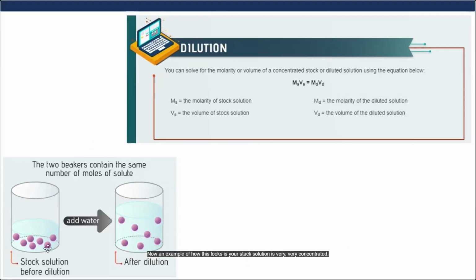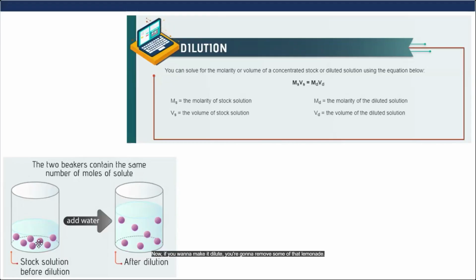Now, an example of how this looks is your stock solution is very, very concentrated, which means it has a lot of moles, not a lot of volume. So if you had a concentrated solution of, let's say, lemonade, that is going to be very, very tart, depending on the sugar that you add in there. Could be sweet.